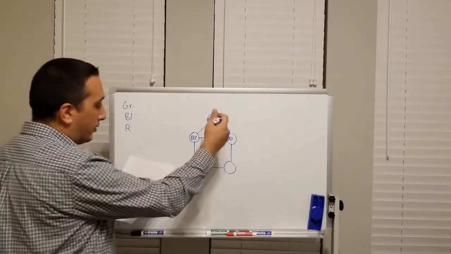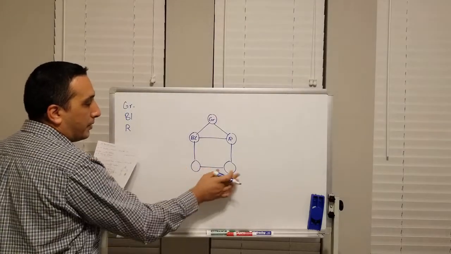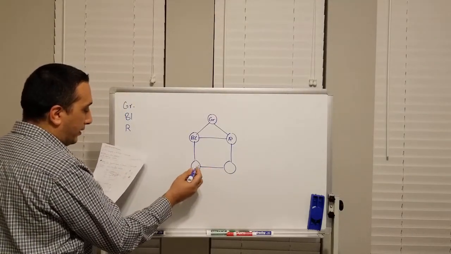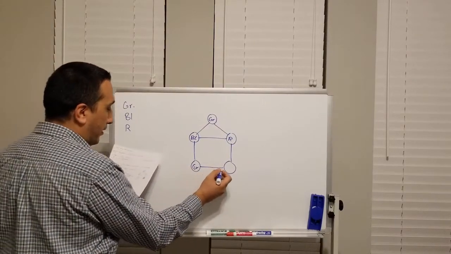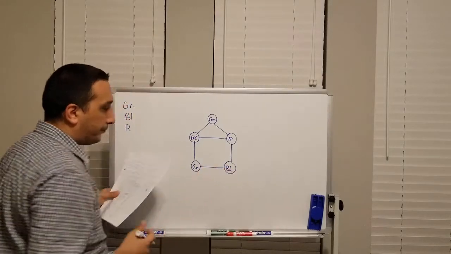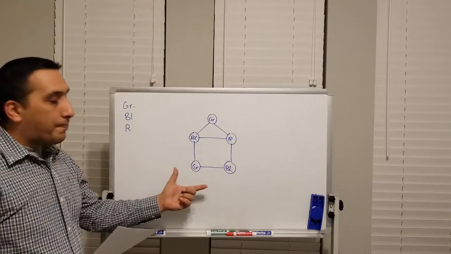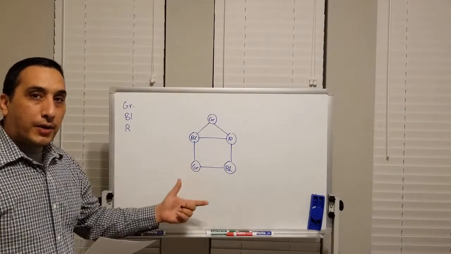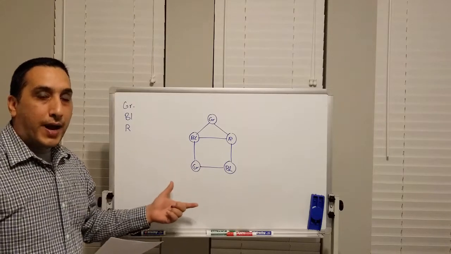And therefore, if we continue in the same way, assigning colors to the other vertices, then we might be able to get something similar to this. And so that's the three coloring problem of a graph.